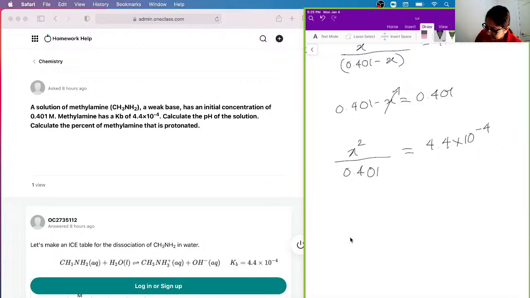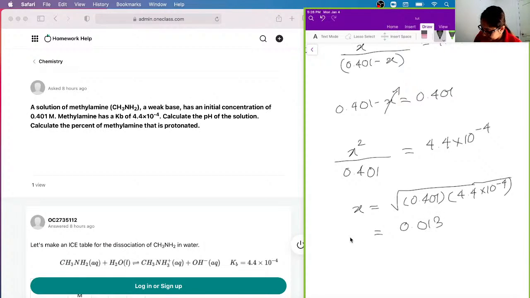For x, you just square root this, and you have the square root of 0.401 times your KB constant, 4.4 times 10 to the power negative 4, and what you get here is 0.013.